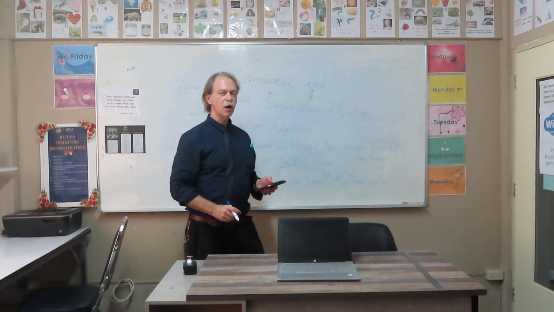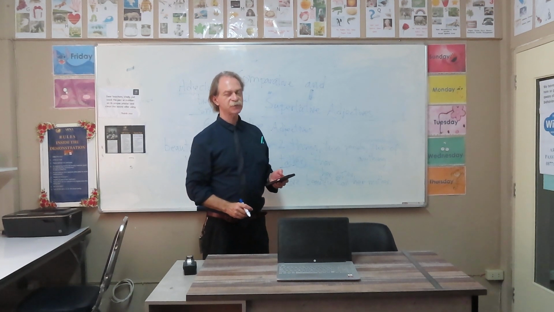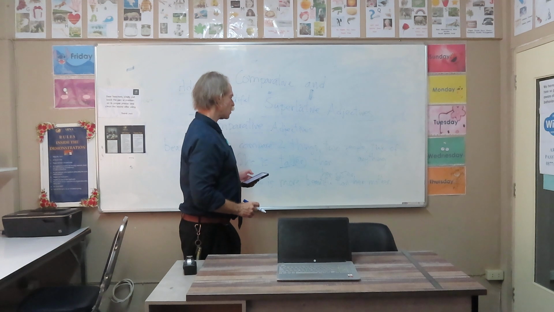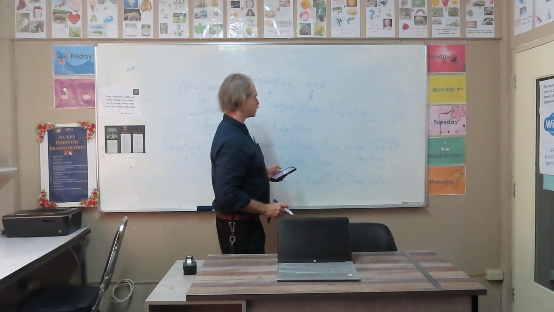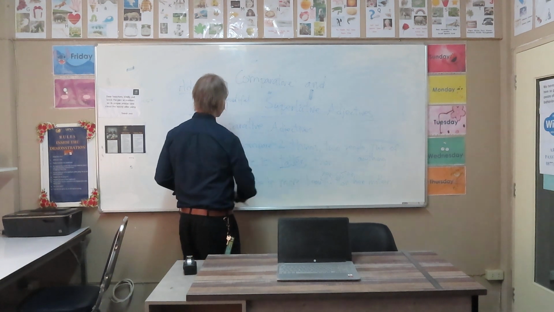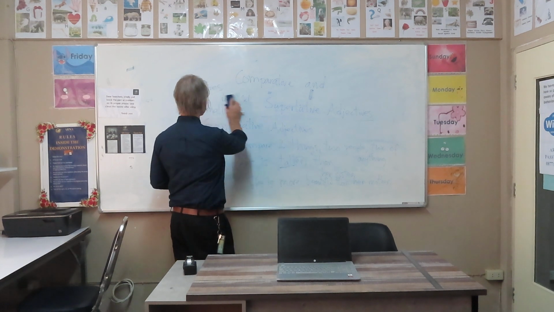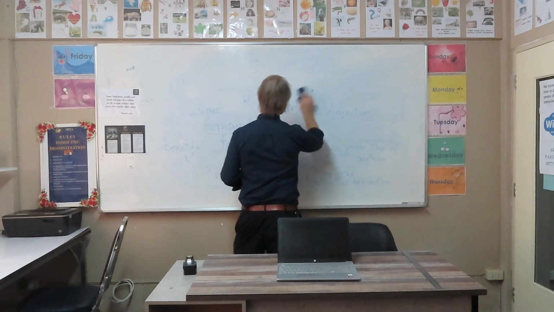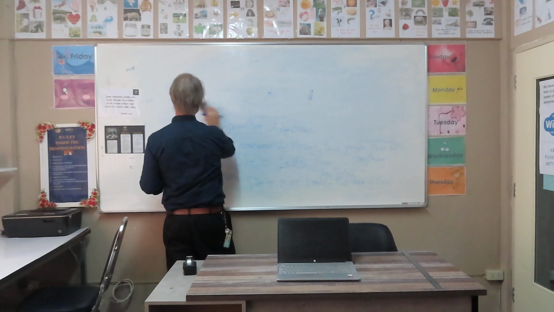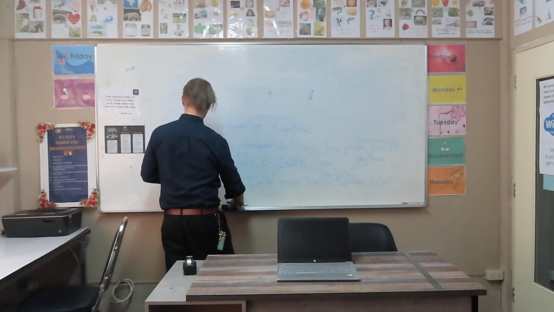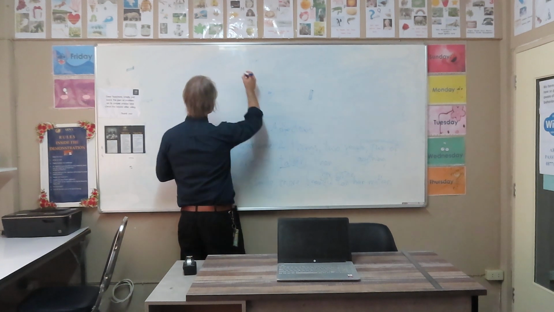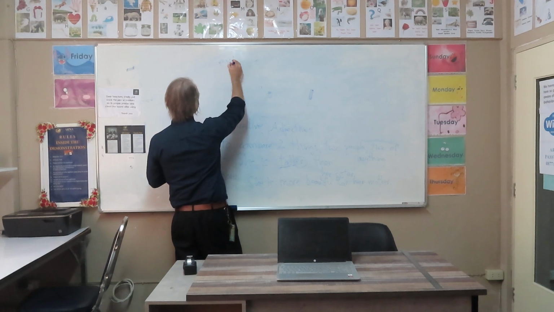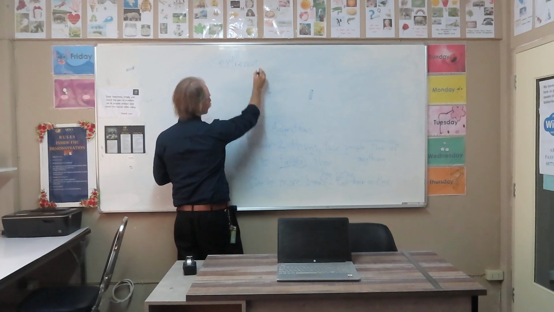But then what are superlative adjectives? So superlative adjectives, if I can just erase a little bit for you, are the extreme form of comparison. And I'll explain what I mean.